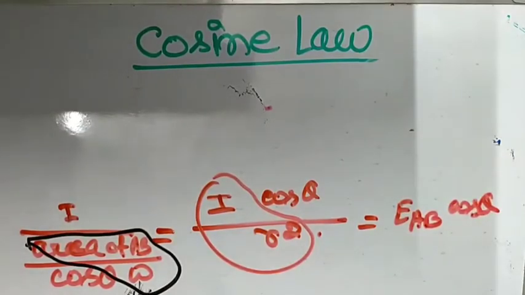So it follows that the illumination at a point on a surface is proportional to the cosine of the angle which the ray makes with the normal to the surface at that point.